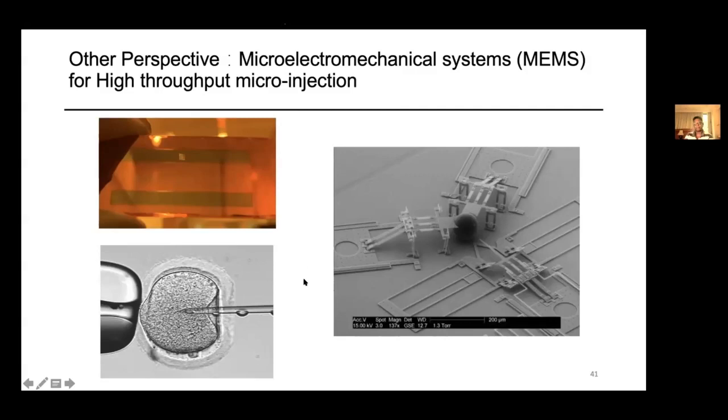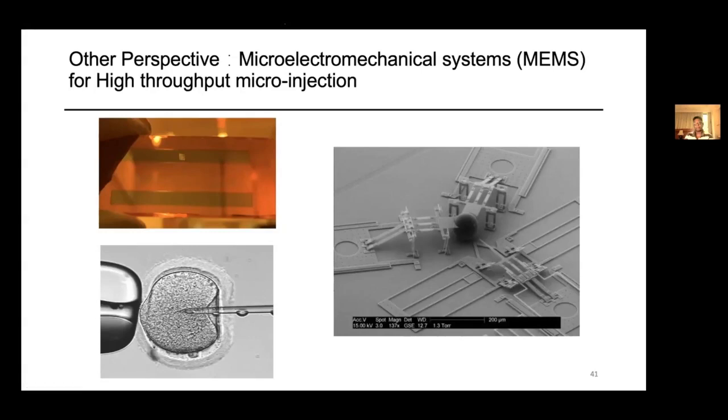Instead of using this kind of micro injection that has low throughput and needs a technician to pierce the zygote, we want to use this chip to do high throughput micro injection. So then eventually we don't need highly sophisticated equipment and a technician to do that.